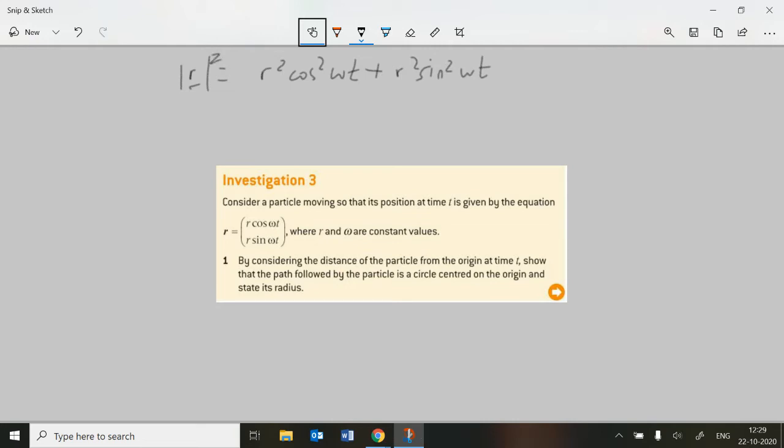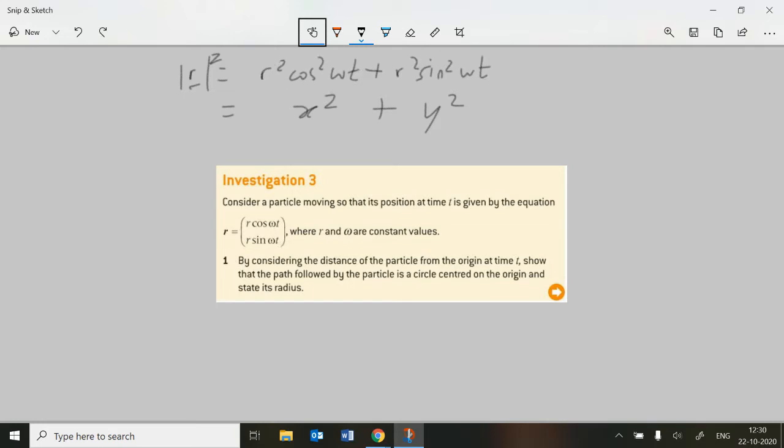Okay, and we can now see that in fact this thing here is x squared, and this thing here is y squared, and this is essentially the formula for the equation of a circle. So we've basically done that. So we can see that this thing is x squared, this thing y squared.